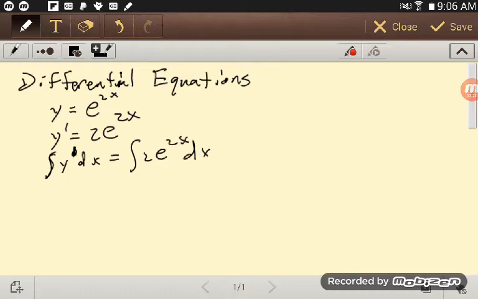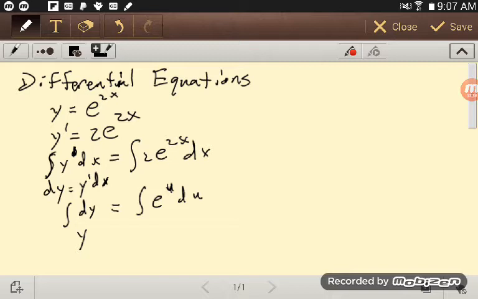I could do it that way. Another way I could do it is by substitution: dy is y prime dx. Again, that's the definition of differentials. So on this side I would have my dy, and on this side I could do a u substitution, and I would have e to the u du, where u is 2x.